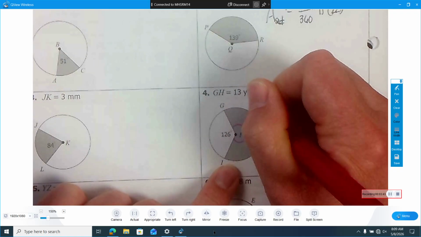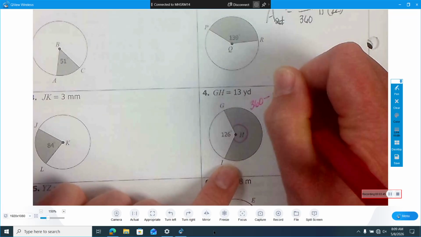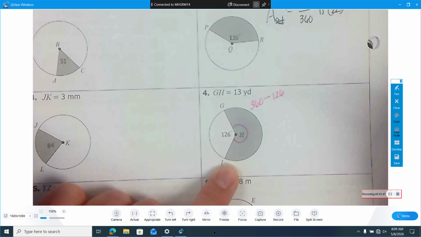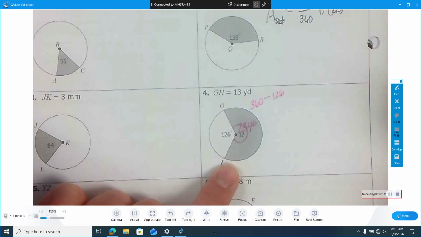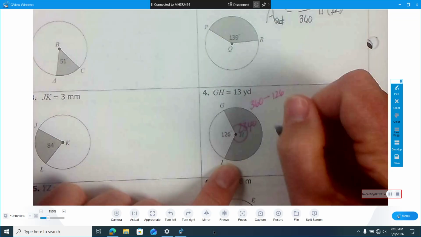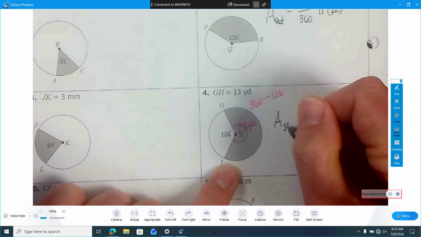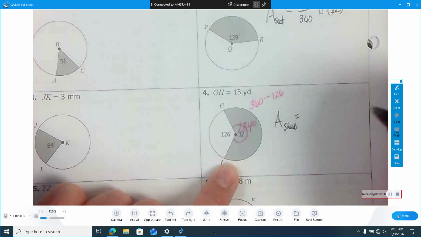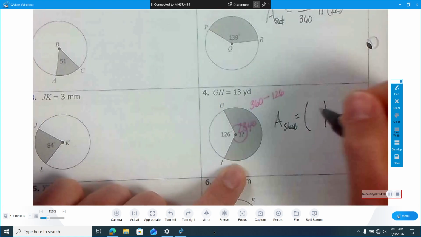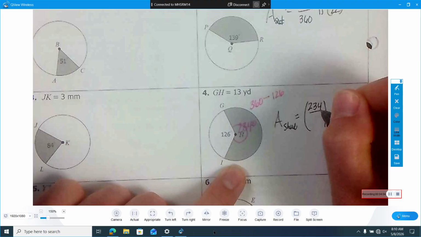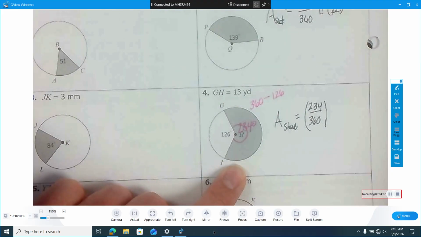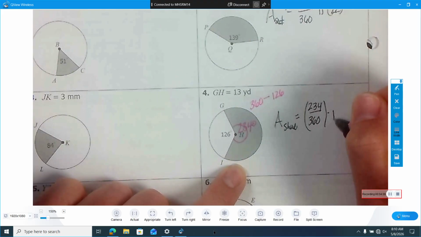So 360 minus the 126, and what do we get? 234 degrees. And so if we want to find the area of the shaded region, it's going to be what fraction? Yep, 234 out of 360.